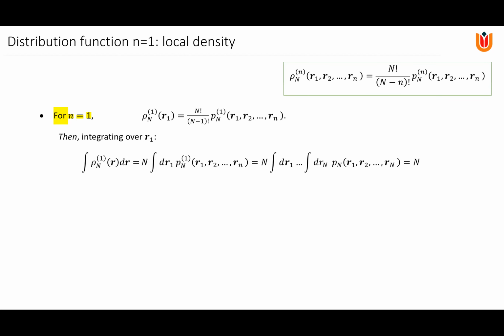Okay, so this is the intermediate result. Now let's see what happens if we consider this for a specific number of particles. Let's say n is 1, one particle.